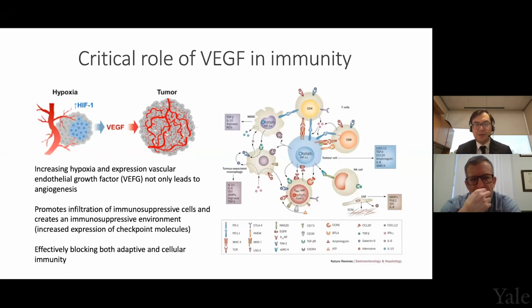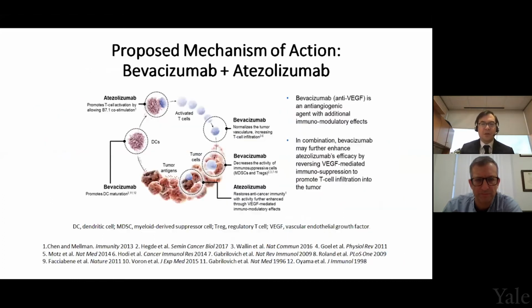It attracts macrophages and other myeloid cells that produce a series of agents that block the actions of T cells, as well as block the access of other immune cells from the innate immune system to the cancer cell. So by combining bevacizumab with atezolizumab, we are trying to overcome some of these barriers to cancer treatment. So what do they do individually?